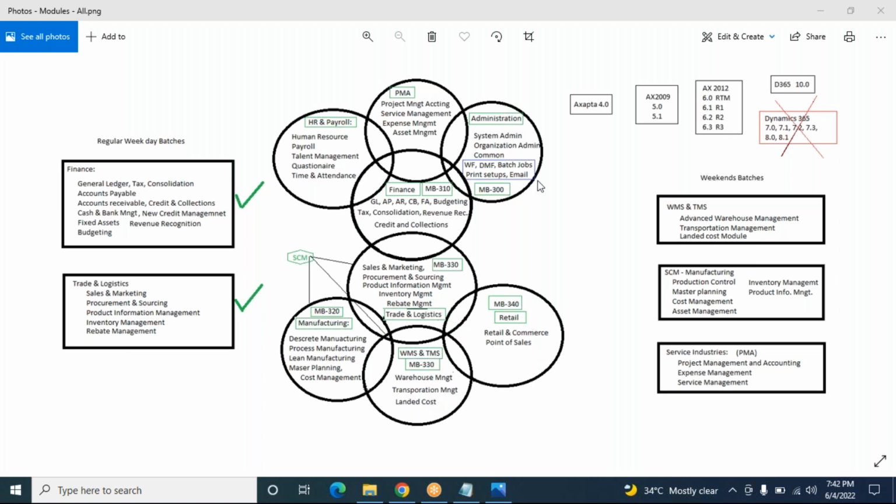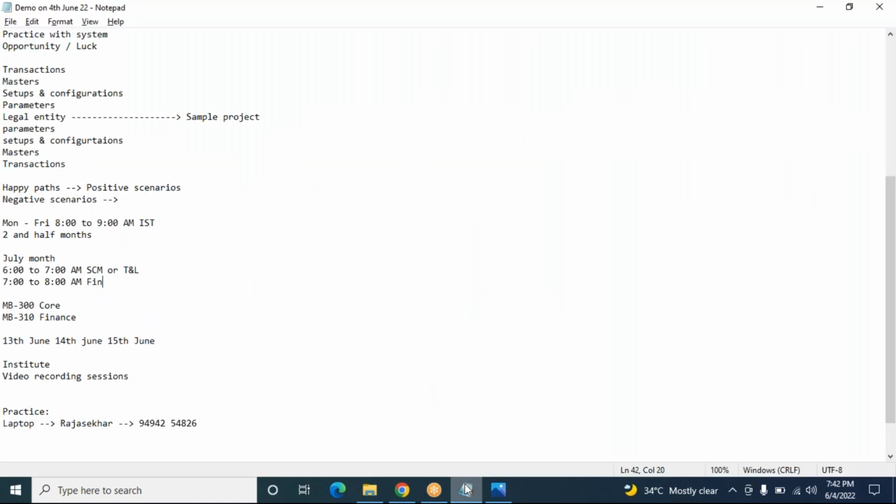MB340 is retail, and MB300 is core finance. CRM is a different application. CRM has MB210, MB220, MB230, MB240.